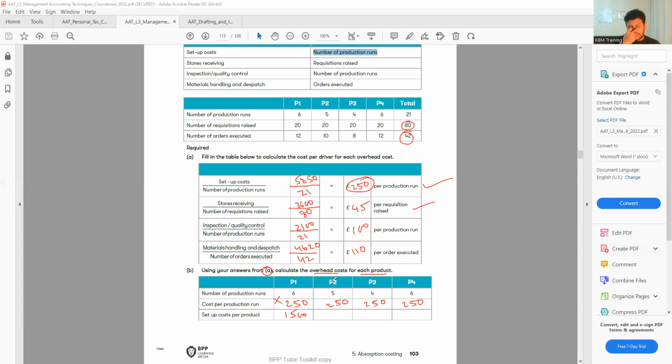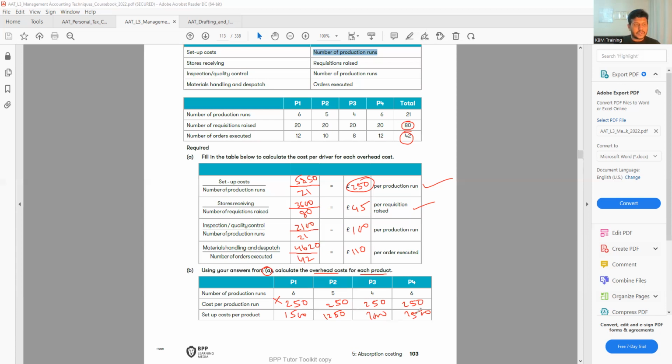Then 5 times 250 will give us 1250, and so we have 1000 here, and we have 1500 here. That's it. So this is the information we have.